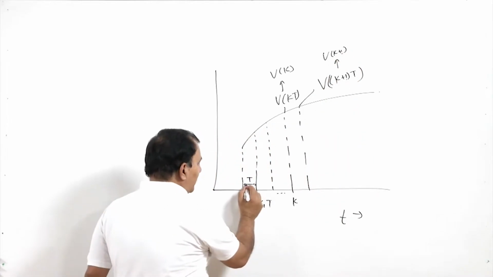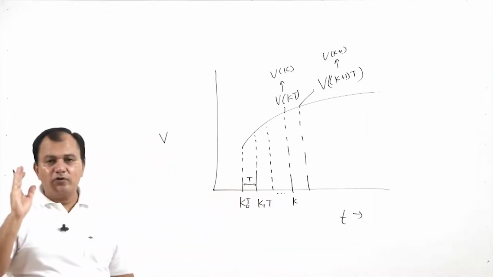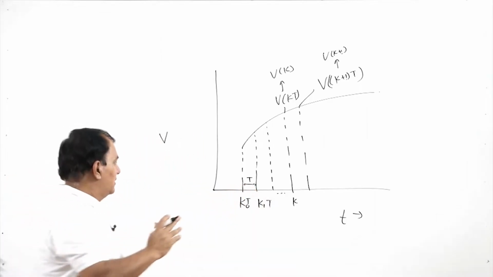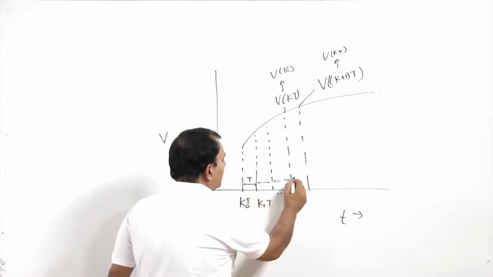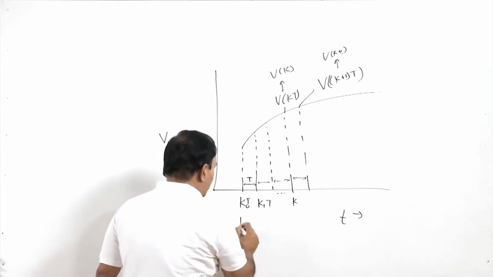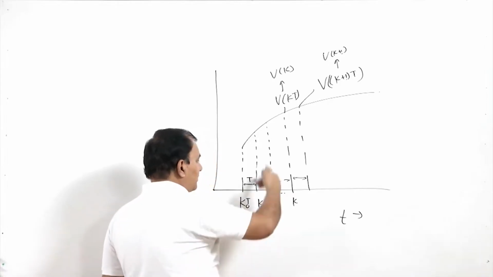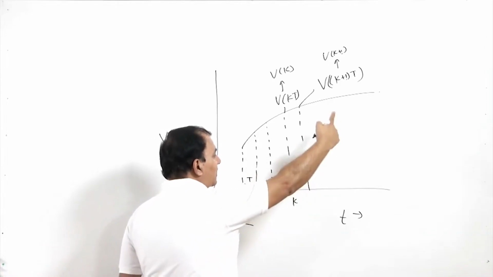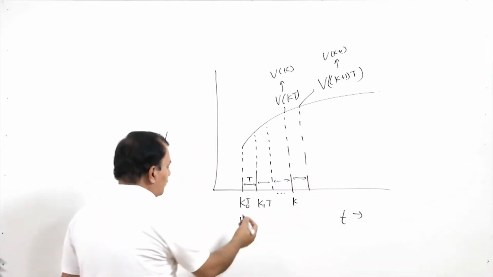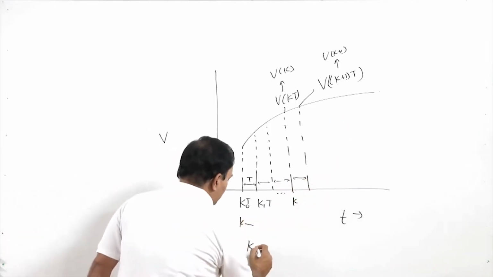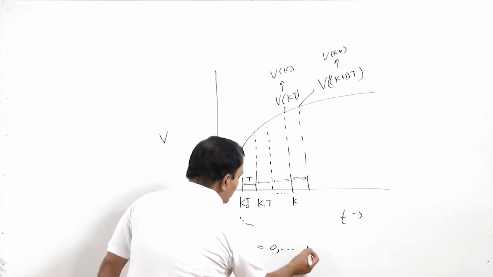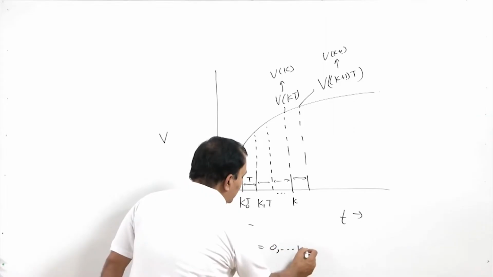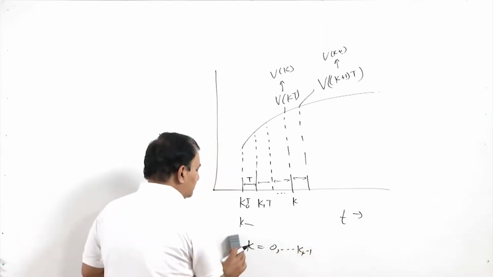So, what we are considering here? We are considering a constant sampling period. So, t is constant throughout all the sampling, k represents the instant where we are having the sampling. So, k varies from 0 to let us say kf minus 1.